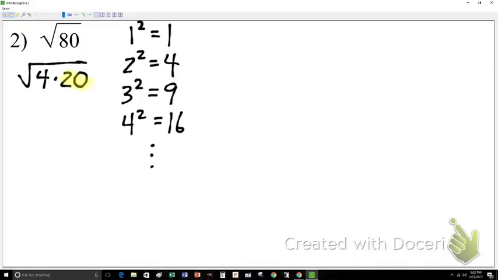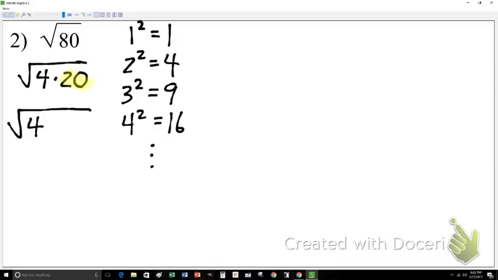Looking at the number 20, we can also factor another perfect square out of the number 20. So which one can we do? Well, start with 4 again. Can we factor 4 out of 20? Yes, we can. We can break up the number 20 into 4 times 5.